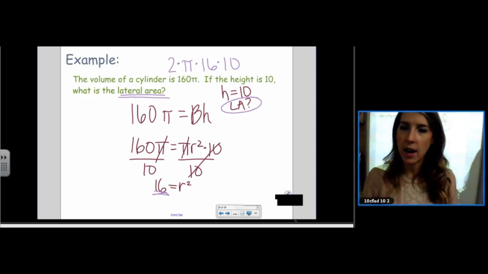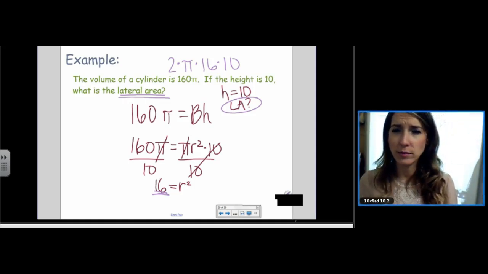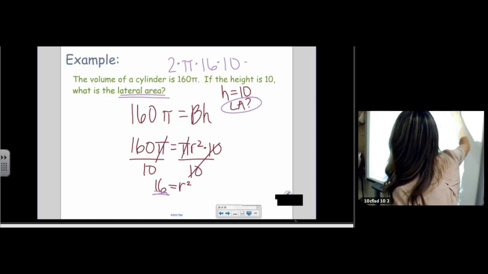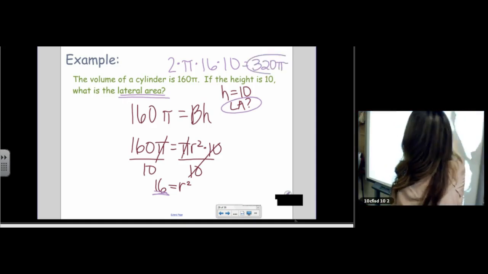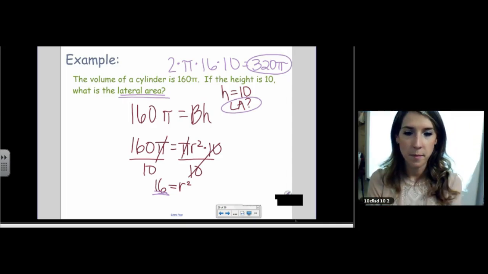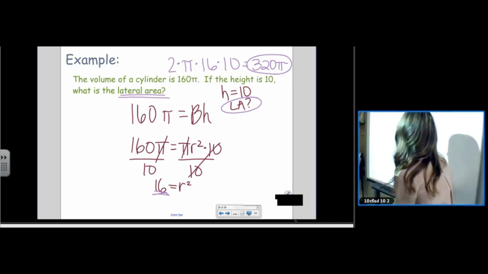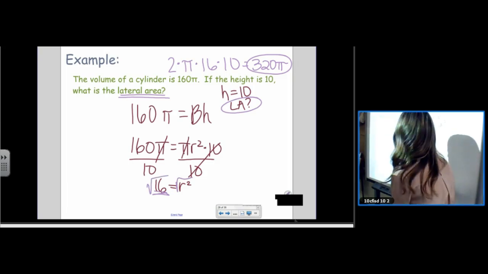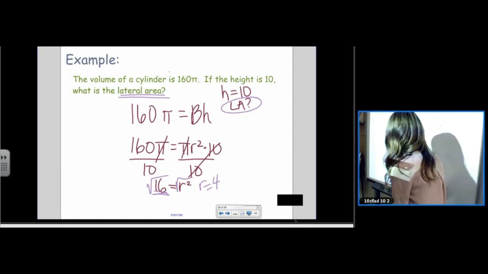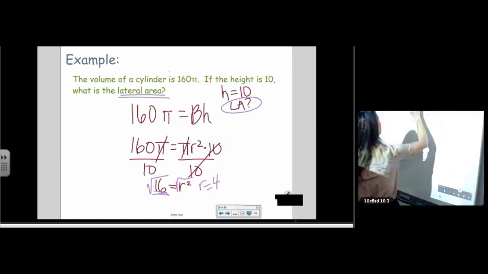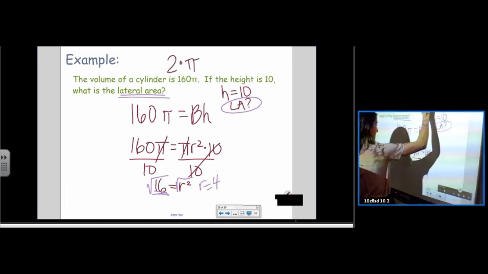So this one was a multi-step problem. I never square rooted my perfect square. That would help. Let's always square root our perfect square. 2 pi RH. There we go. I would love 80 pies right now.